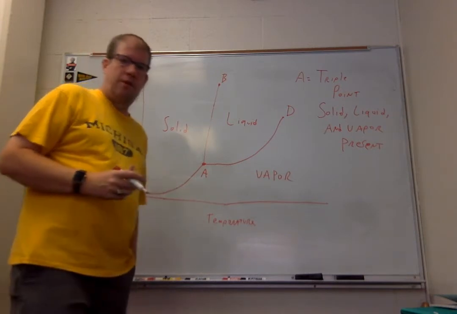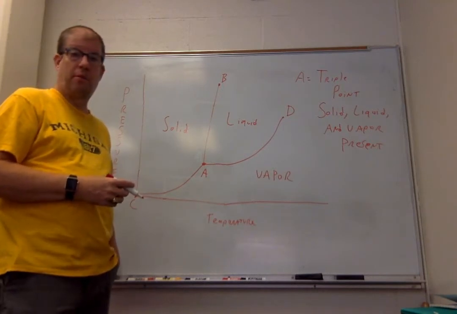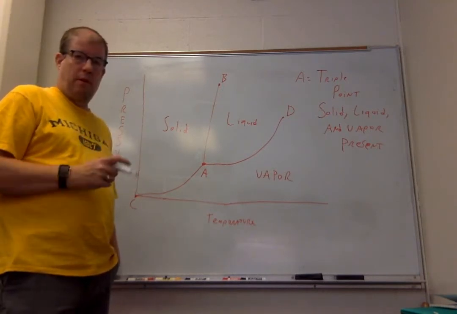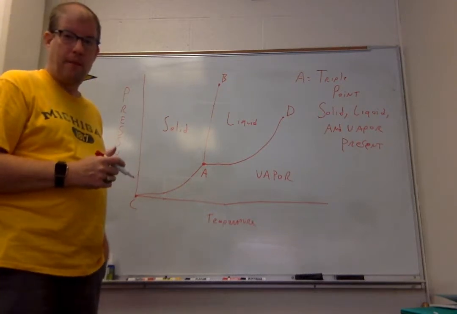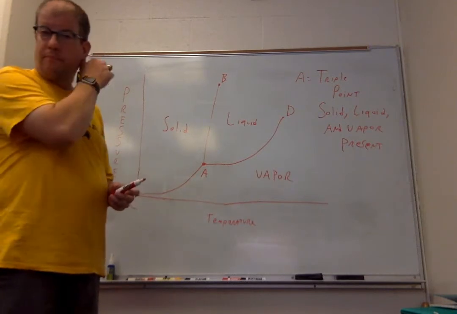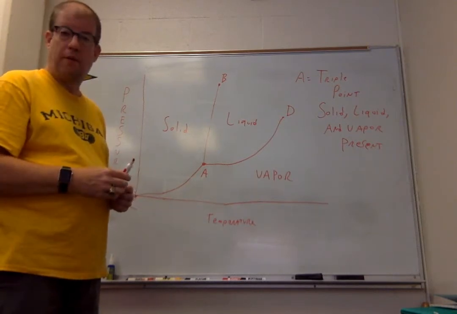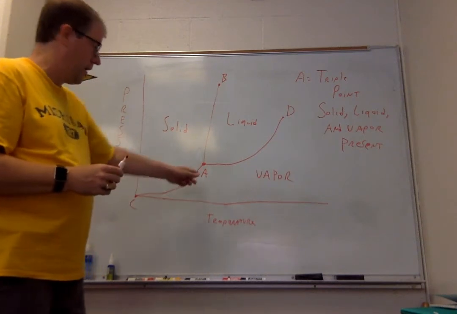This looks kind of strange. You can find videos where people investigate substances at this point. But that's an important thing to know. It's called the triple point because all three phases exist simultaneously at the same time. And note that it's the intersection of all three segments that I mentioned earlier. Okay?